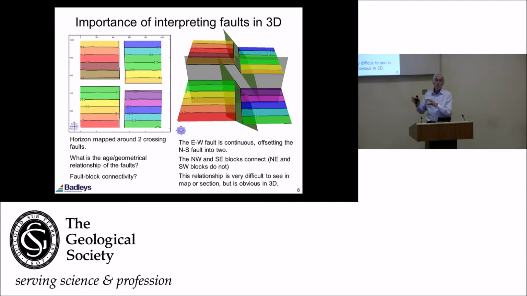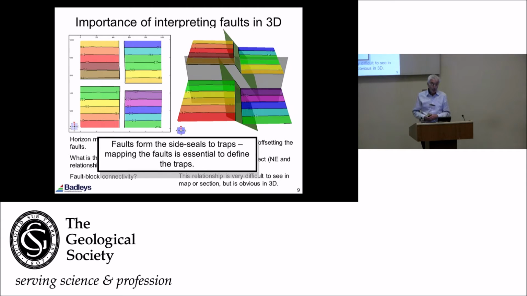So looking at maps, it gives you a very partial and incomplete and deceptive view of the 3-dimensional relationships. The faults form the side seals to these traps, to these compartments, so mapping the faults and building a framework model is essential to define the traps properly.